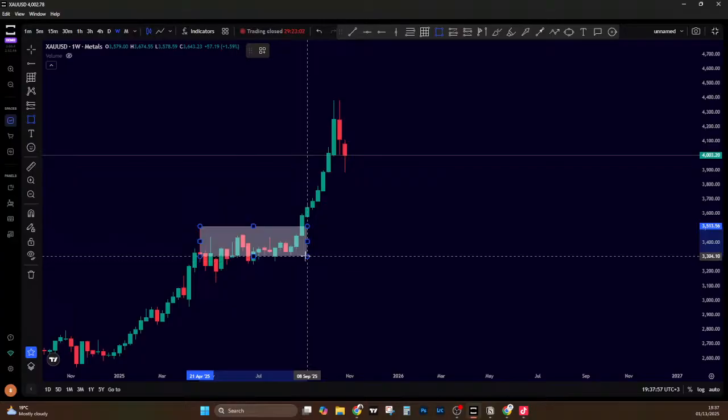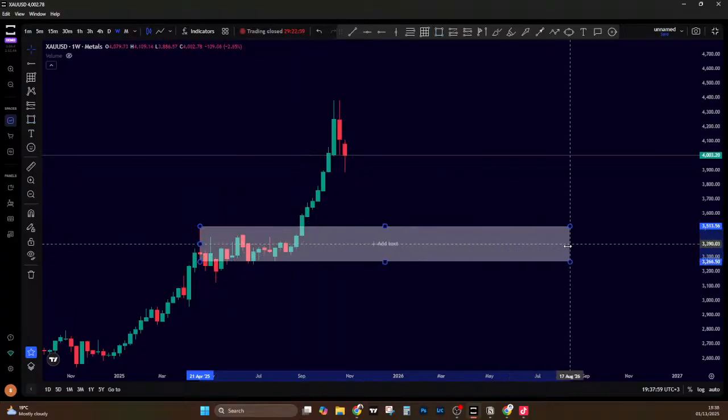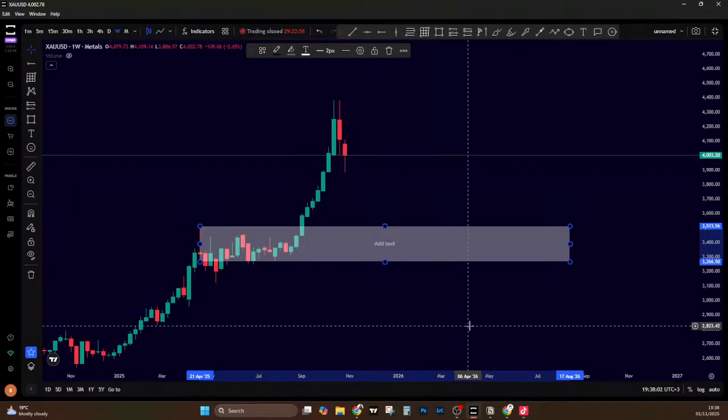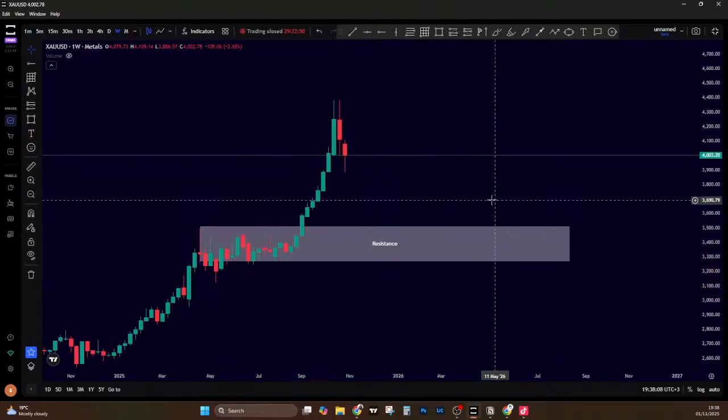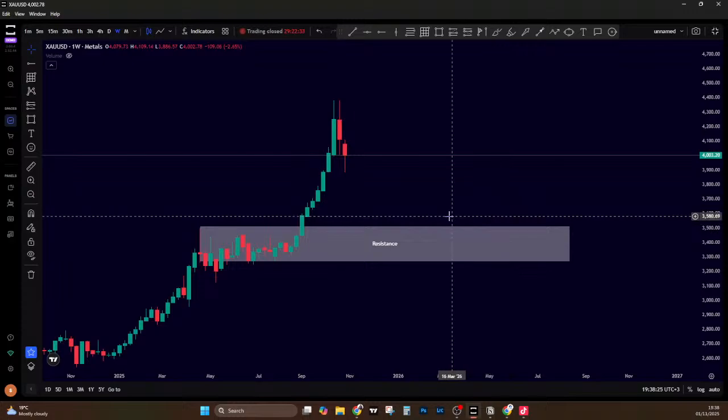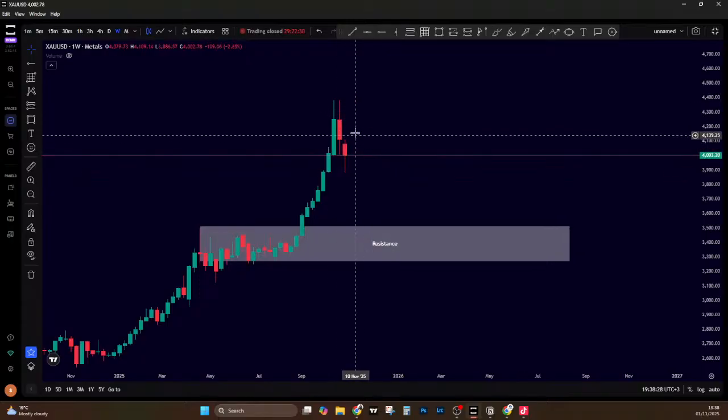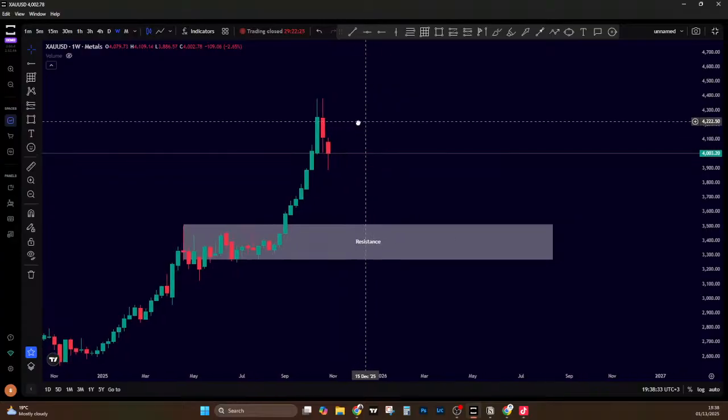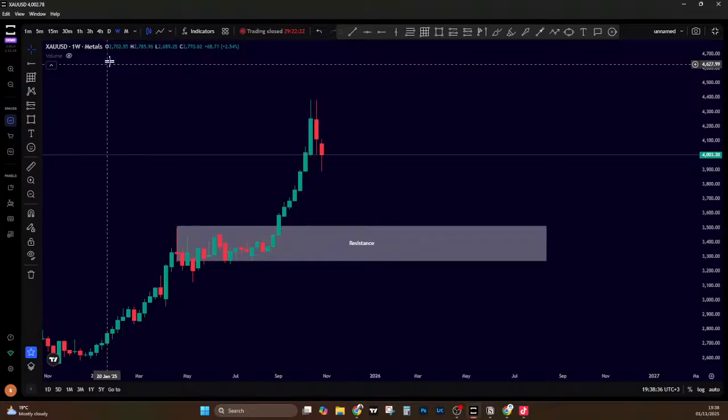This will be the first place I will put my resistance, around that area. What about looking for a sell opportunity? I wouldn't look for a sell opportunity from the weekly time frame because I cannot see anything.